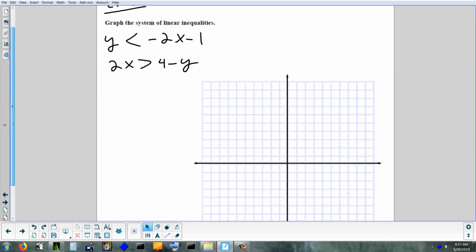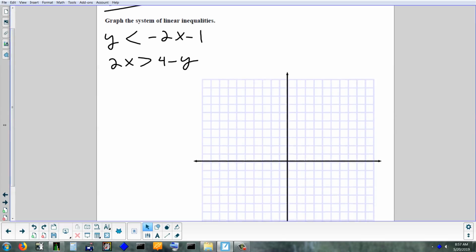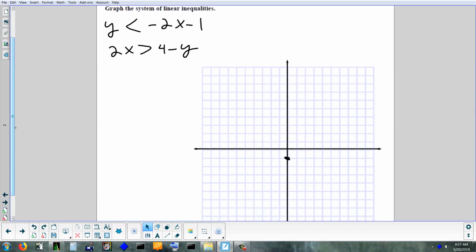Yusuf, how do I graph the top one? Alright, so you can go to negative 1. Okay, how do I do that? Start in the middle and then go down. Down 1, okay. Then what? Create a dotted line. Oh yeah, you have to go down 2 and then right.